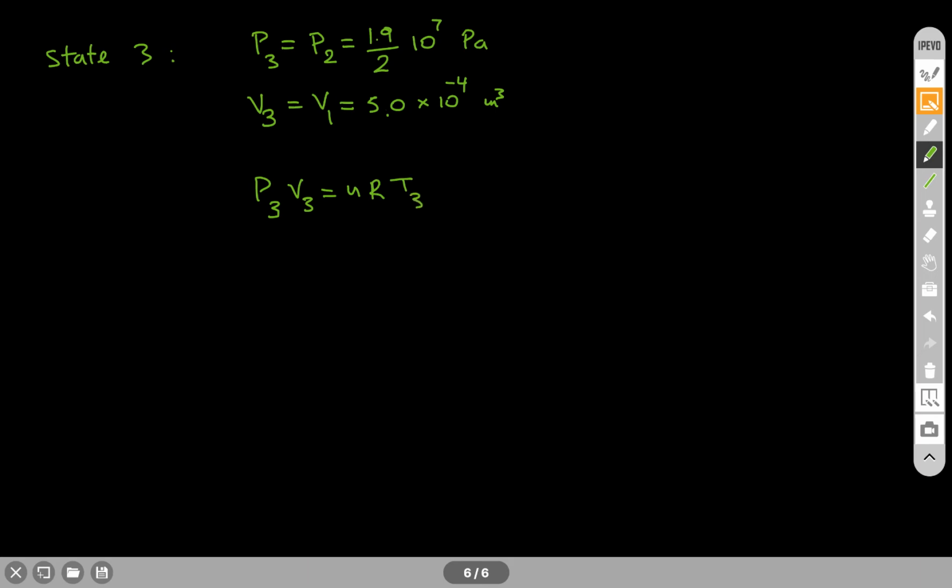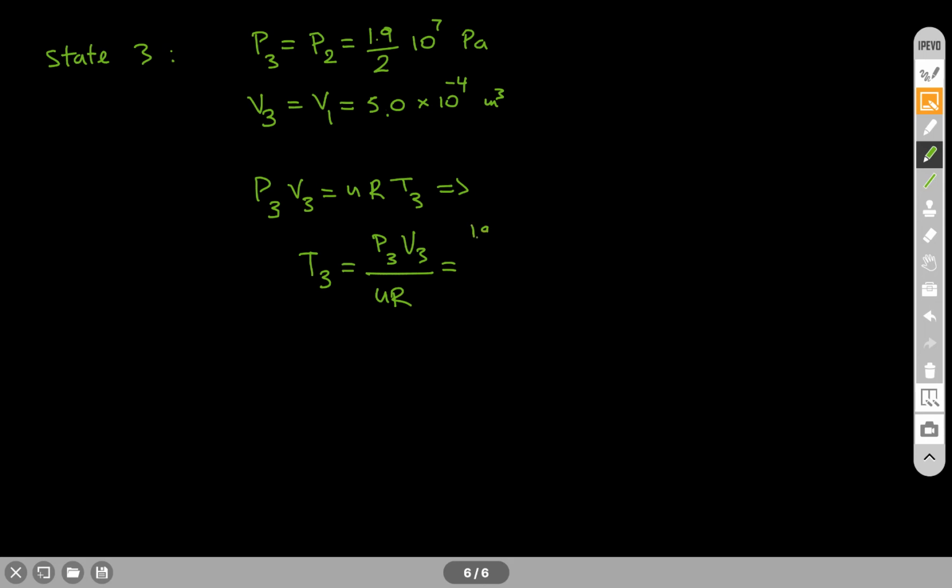The temperature for state 3, remember I know everything but the temperature, so I can say the temperature in state 3 is P3 V3 divided by N R, and I know all of these numbers.